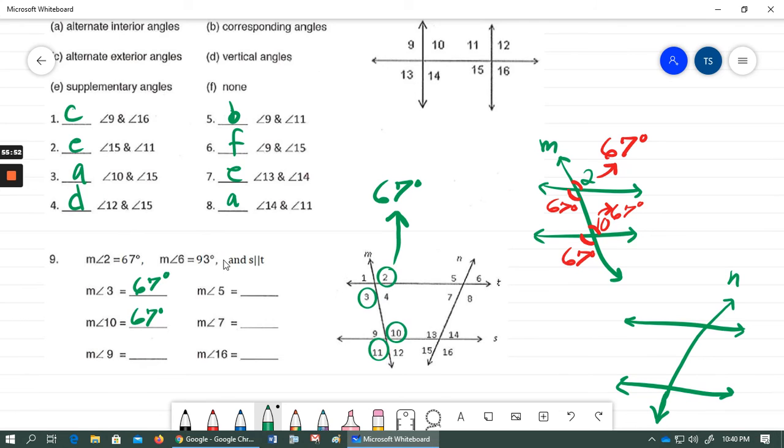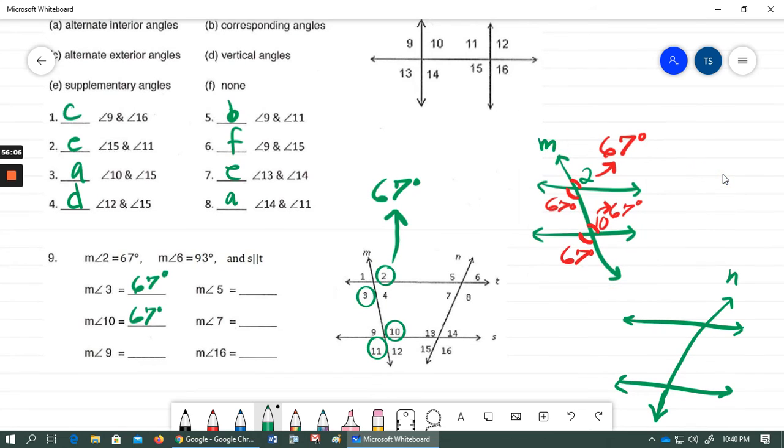Guess what? These other angles in this diagram right here that I've sort of selected are easy to find. Because if we know that angle 2 is 67 degrees, since we have parallel lines, all the other angles in that part of the diagram are going to be supplementary to 67 degrees, right?